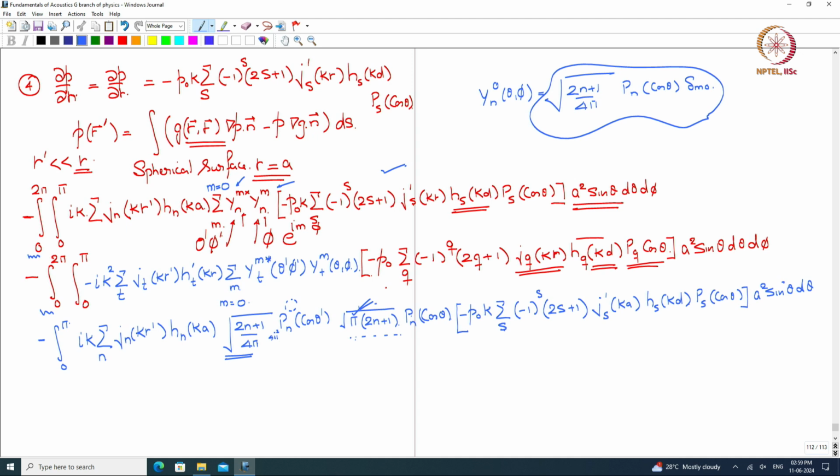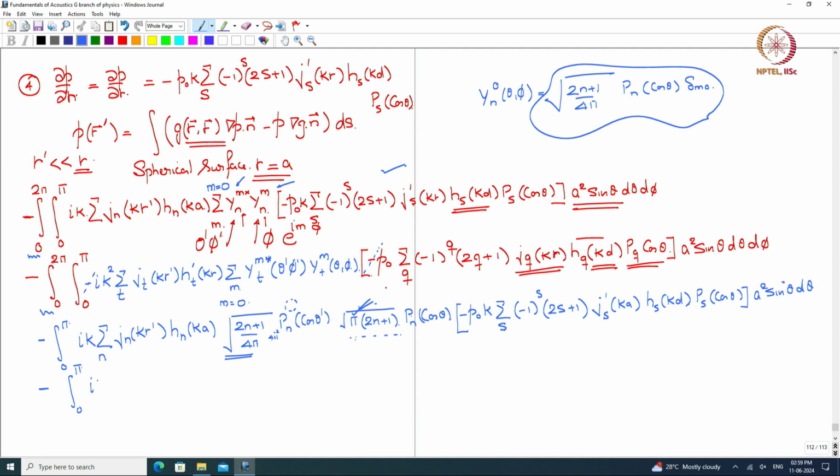Okay, and then again we have a minus. 0 to 2 pi has been taken care of. So I get a 0 to pi. Let's say I take this minus and that minus out, so I get a plus.